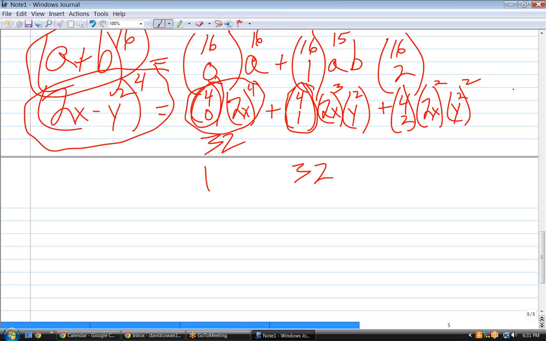And 2x to the 4th power is what? 16. Oh, sorry. I wrote 32. No wonder you were confused. 16 is 2 to the 4th power. So the very first term is going to be 16x to the 4th.